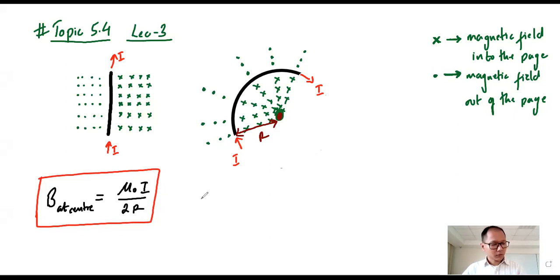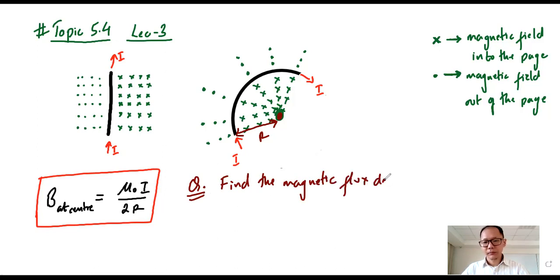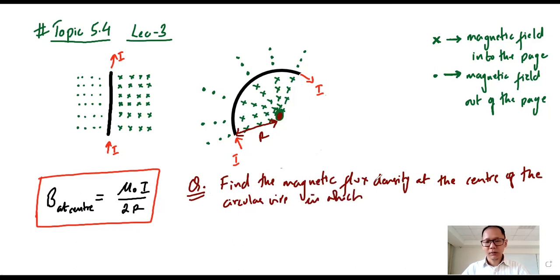Now let's try to do one question. We want to find the magnetic flux density at the center of the circular wire in which 10 amp current is flowing.